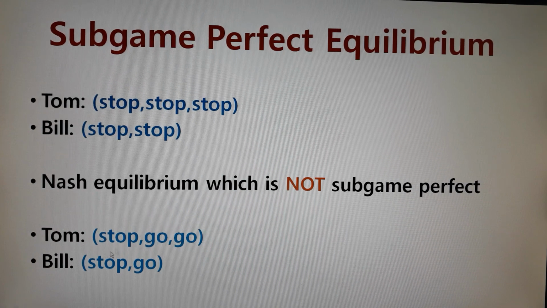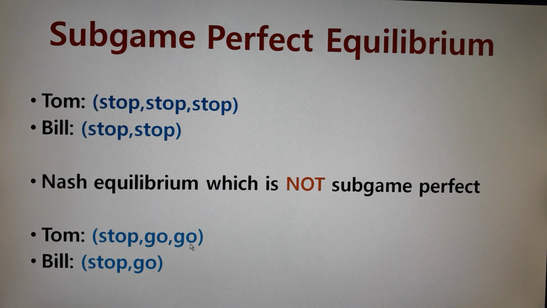If he does not stop, his payoff would reduce from 1 to 0. As long as Tom stops at first, whatever he does later, whatever Bill does is useless, because Tom stops, Bill gets 0, and whatever he does, it remains 0. So surprisingly, stop, go is a Nash equilibrium, even though it is not a subgame perfect equilibrium, because backward induction would say it's wrong.